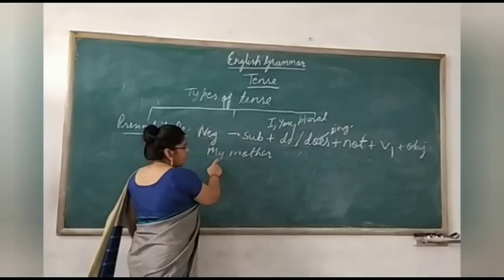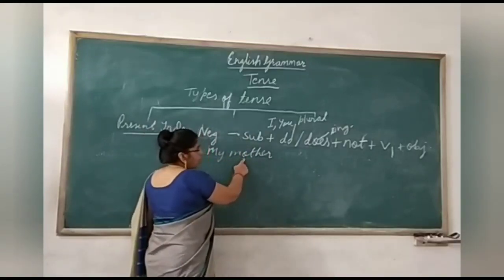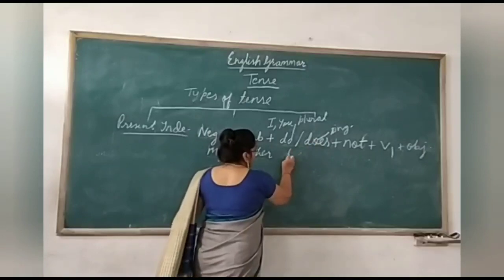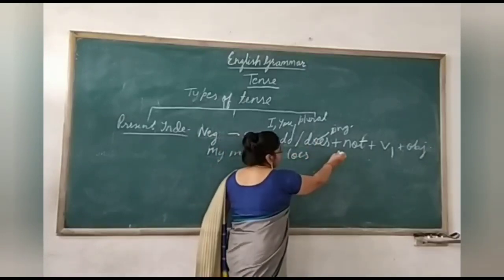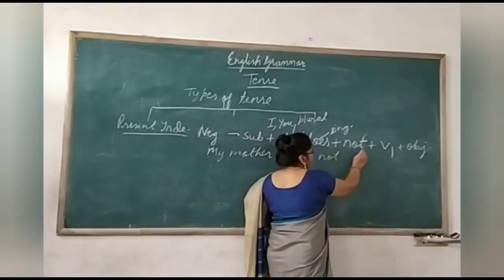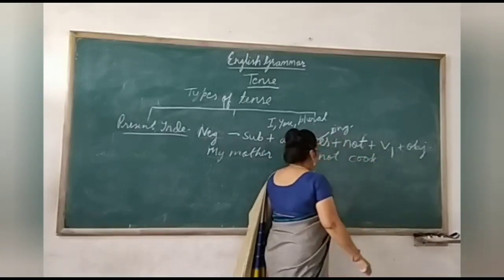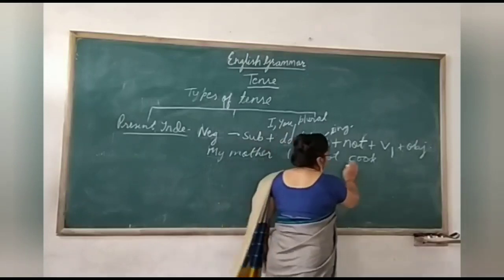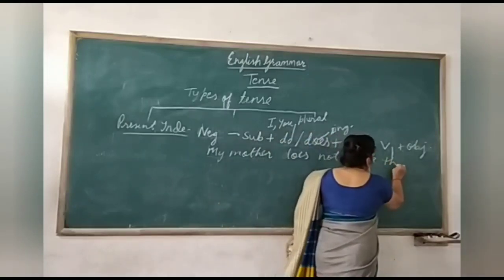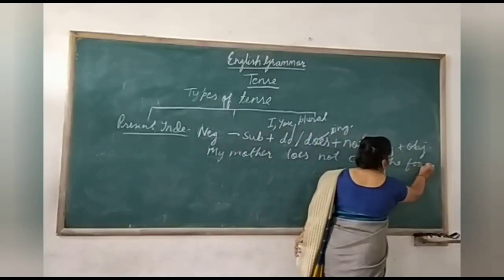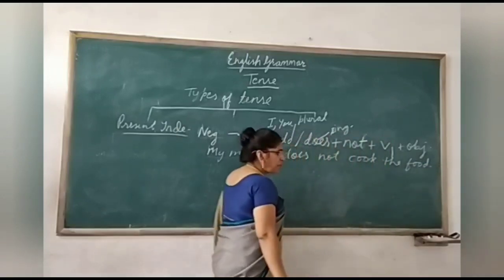In the case here, my mother is singular, that is why we will select what? Does. After that, not. Then V1, that means we have to take the first form of the verb. My mother does not cook, object, the food. This is object. Sentence is formed.